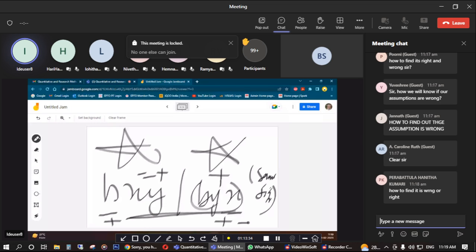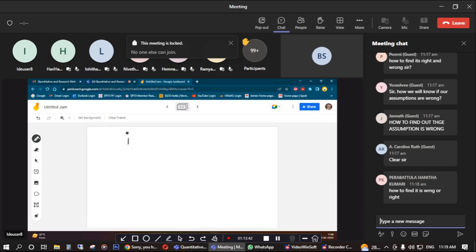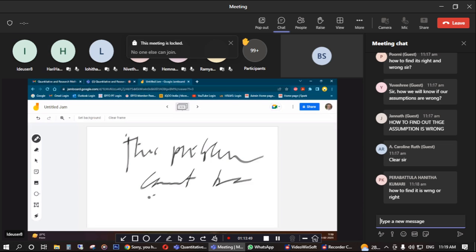In case you get a condition where bxy and byx, one is positive and one is negative, you can clearly say that this problem cannot be solved using the method of least squares. Then you can confidently write it and you will get full marks.